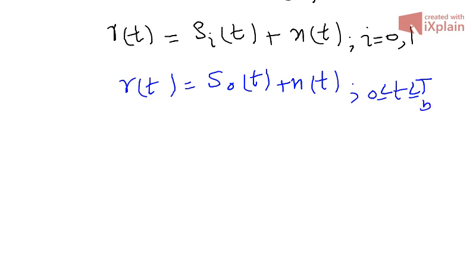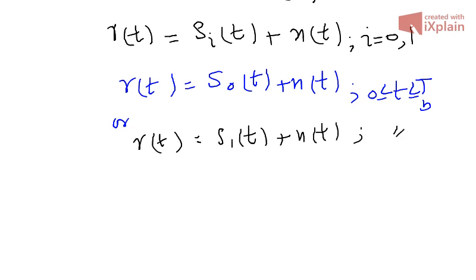Either it is this one, or your received signal is S1 of t plus n of t in this period. Now the detector has to detect whether the received signal is S0 plus noise or it is S1 plus noise.